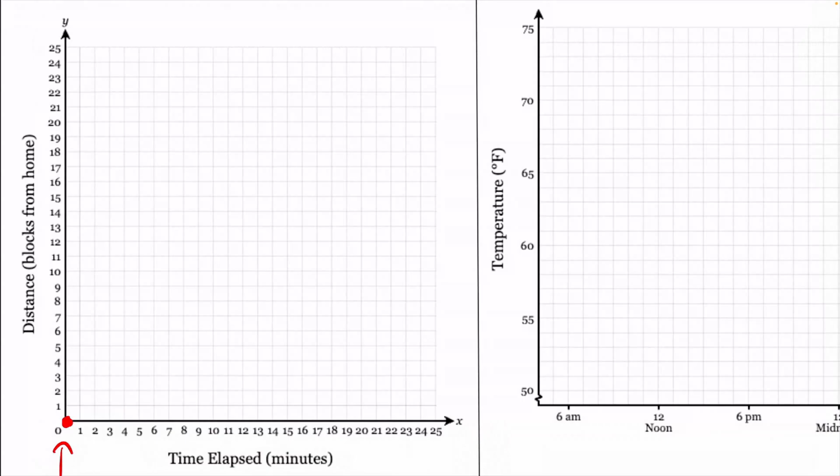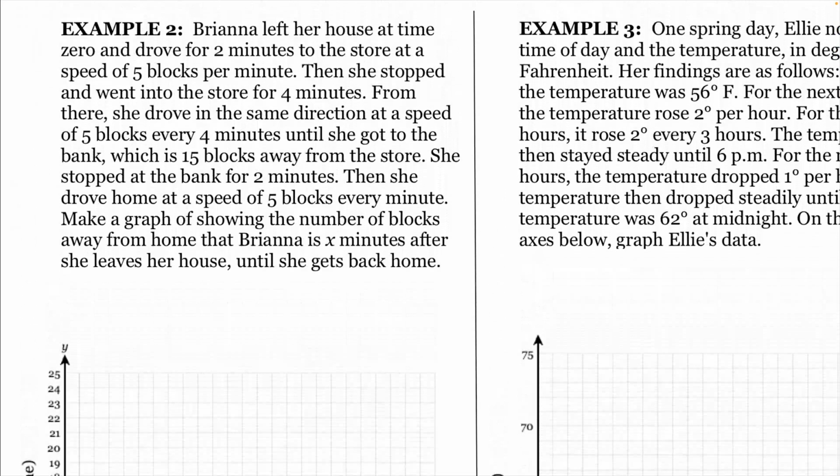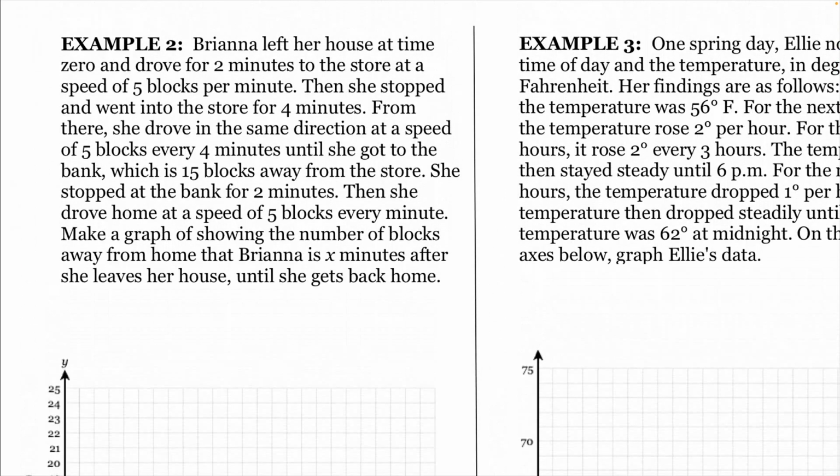So that's where we're going to make our second dot. After 2 minutes, how far away should she be from her house? There you go. You guys got it. Okay. Here we go. So we got that.